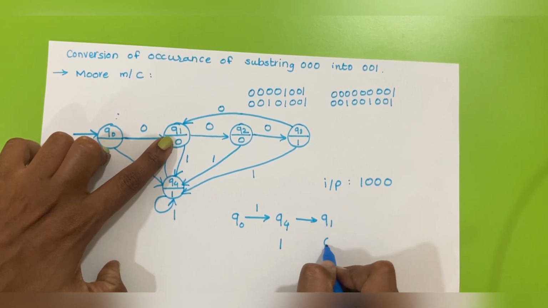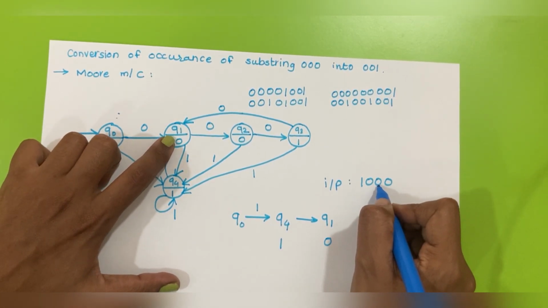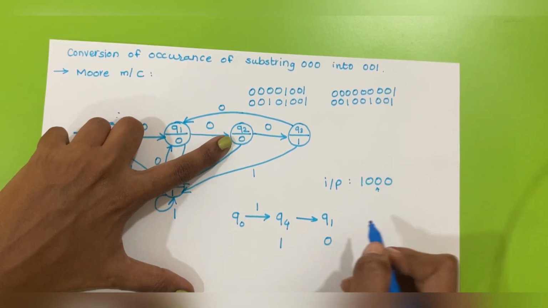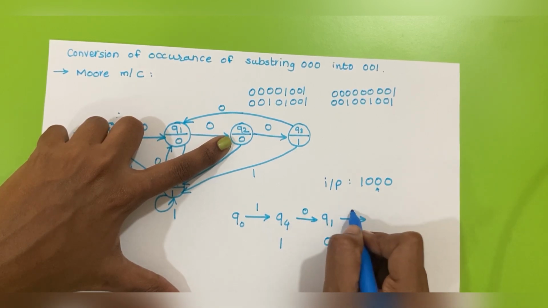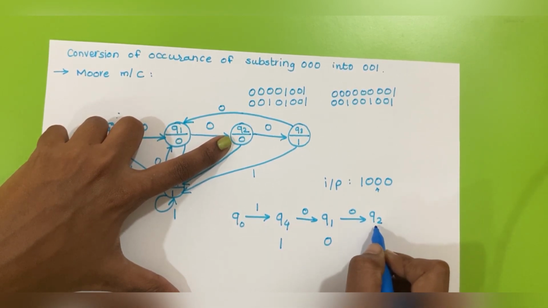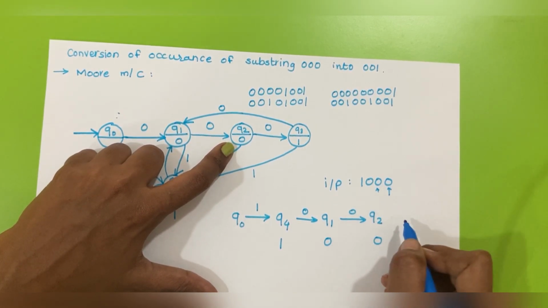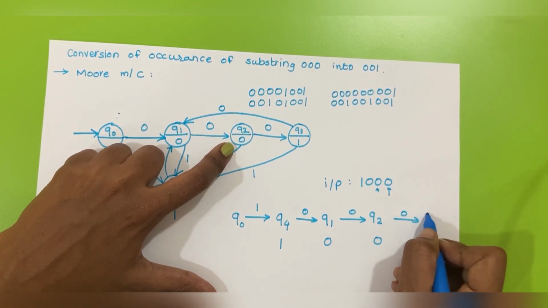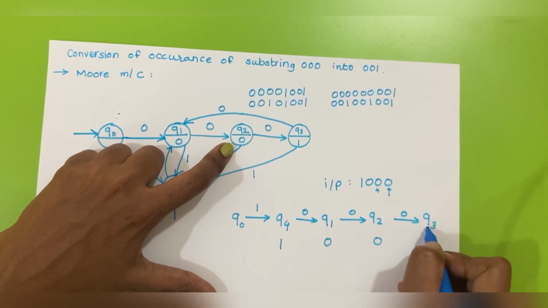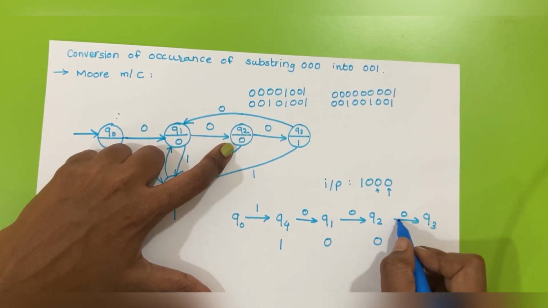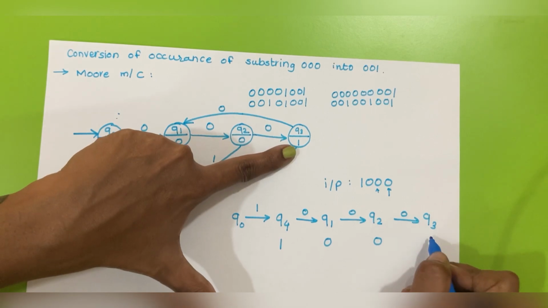At Q1 the output symbol is 0, the next input symbol is 0, so it will go to state Q2, and Q2 has output symbol 0. Now the next input symbol is again 0, so we'll reach state Q3, and this will convert 0 into 1.